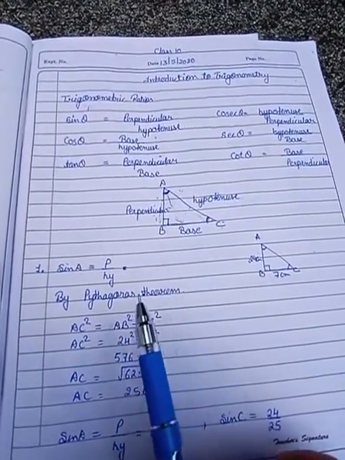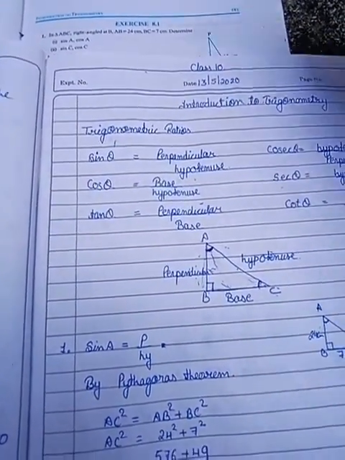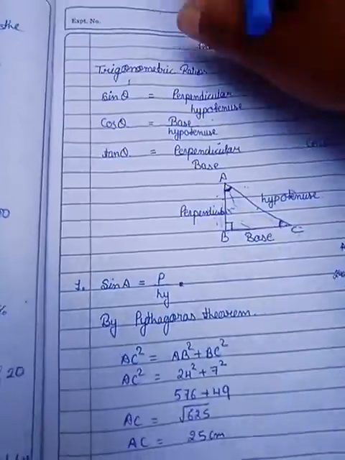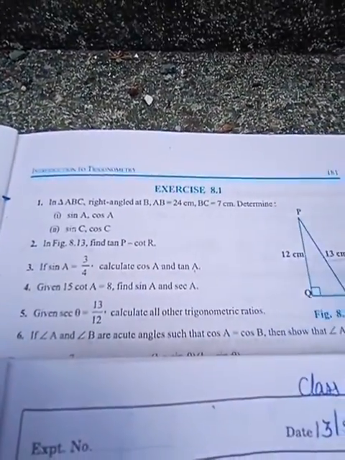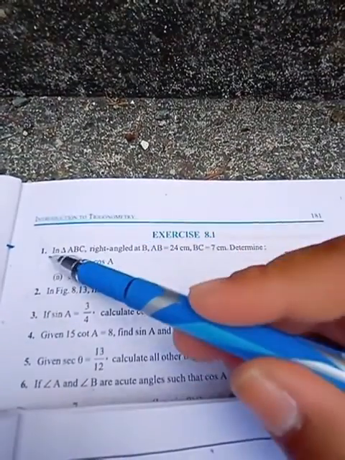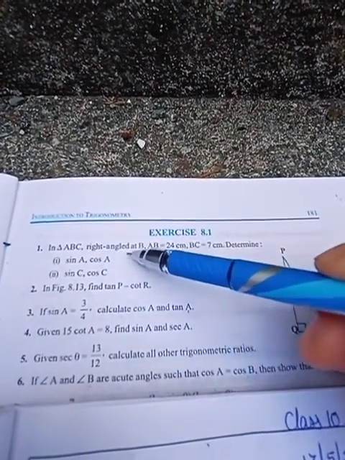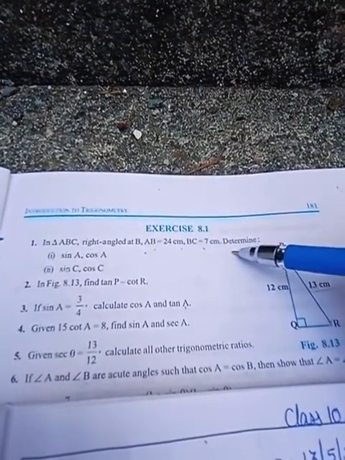Okay, now the first question. In the first question, they have given one diagram. Here in triangle ABC, right angle at B, AB is given and BC is also given.